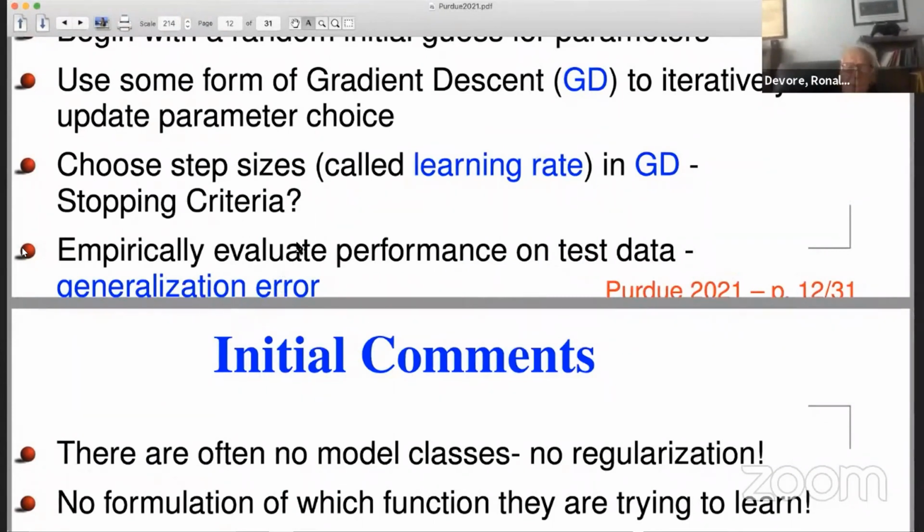But the important thing is they don't certify the performance of their algorithm in a mathematical sense of an error estimate. They instead look at an empirical quantity, namely this generalization error, which is seeing how well the F hat they created performed on the test data.